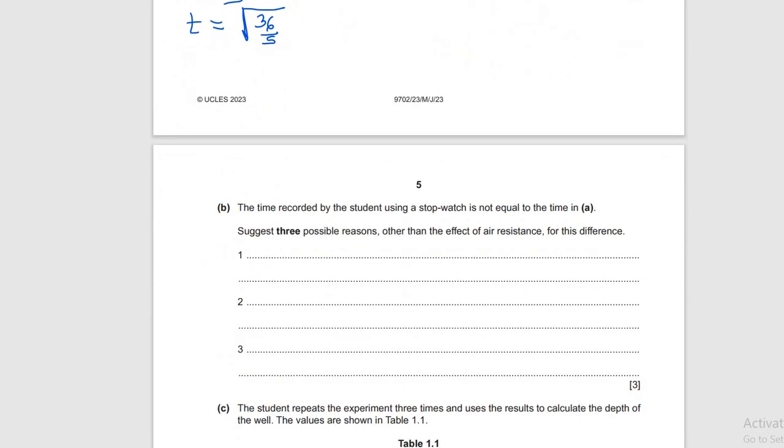But when the student tried the experiment using a stopwatch, the question says it's not equal. So the question is: suggest three possible reasons, other than the effect of air resistance, for this difference. The question asks us to suggest what might have caused this issue. Mathematical time wasn't the same as experimental time.